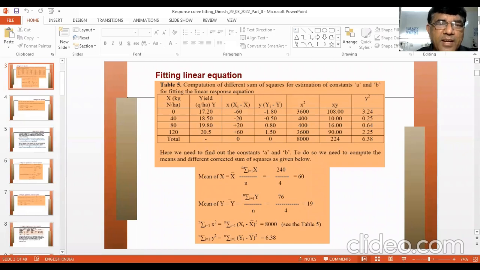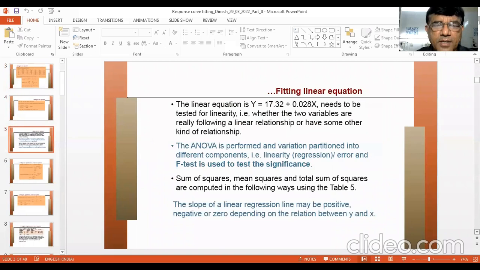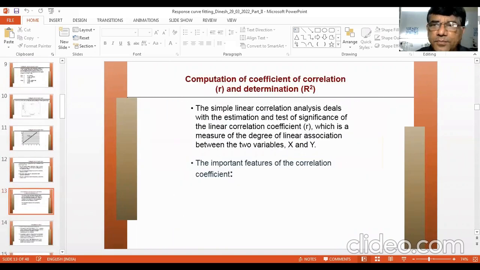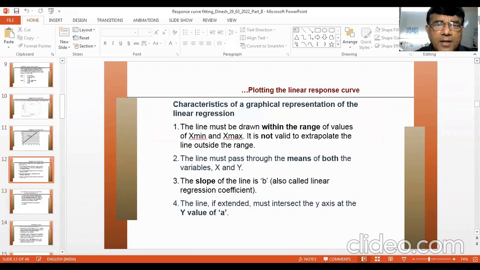Your results are valid only from 0 to 120 kg N per hectare. Within this range, you can make the predictions. So the line must be drawn within the range of values of x min and x max. x min is 0, x max is 120. You cannot go beyond these values.